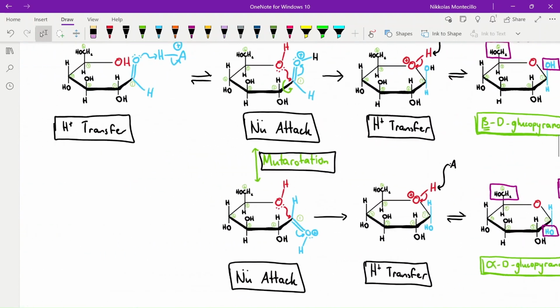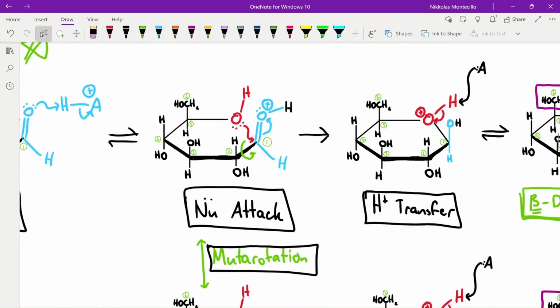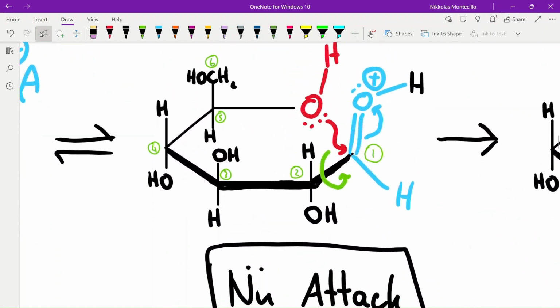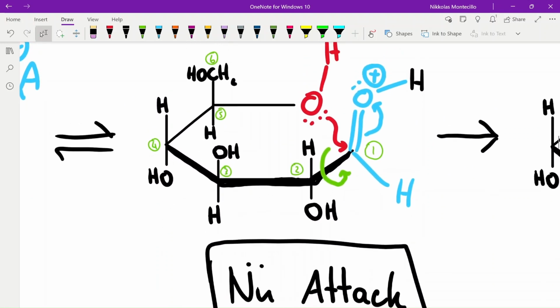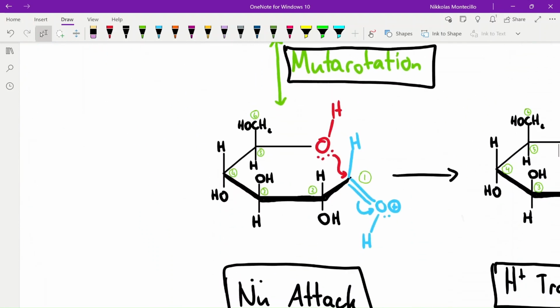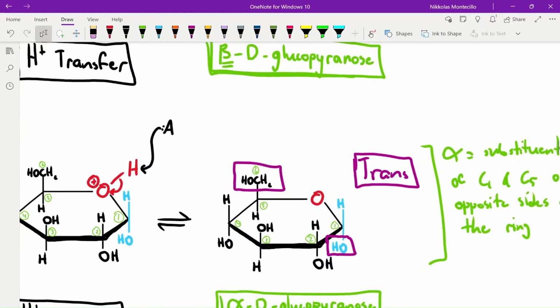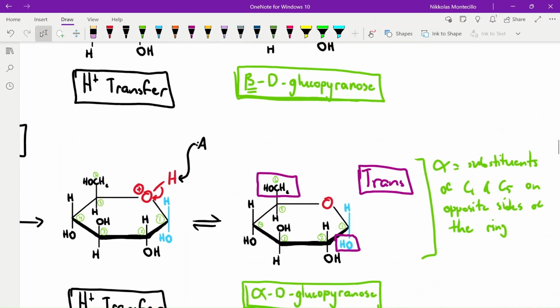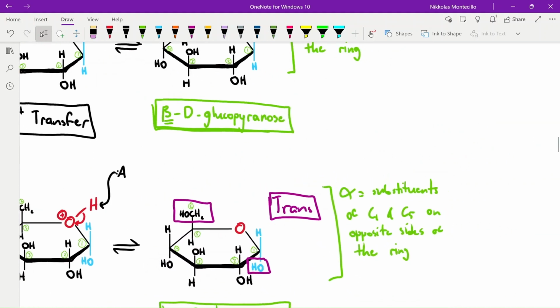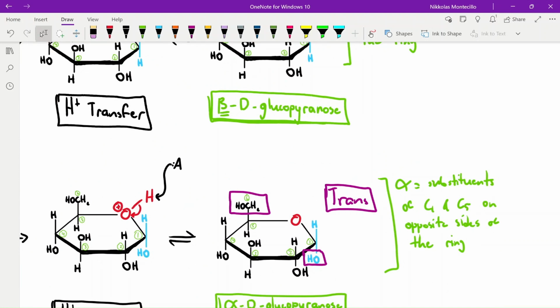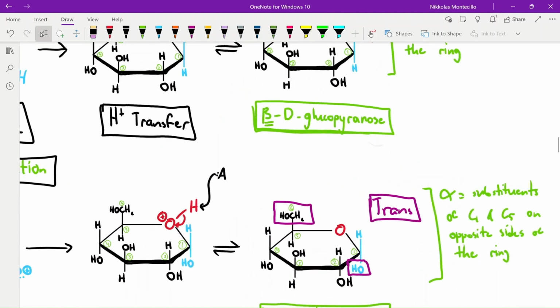Conversely, if mutarotation occurs where the bond rotates, where the aldehyde functional group rotates, we can see that a different product forms where the steric configuration of the monosaccharide can be trans, and we would refer to this as alpha. And alpha refers to the fact that the substituents of carbon 1 and carbon 5 are on opposite sides of the ring.